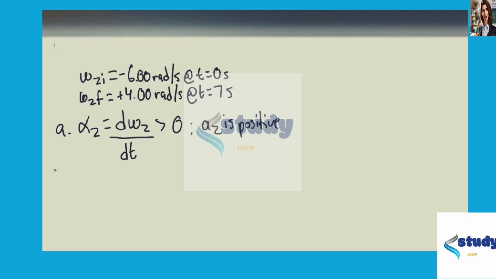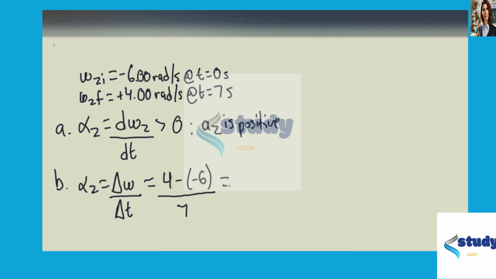And then for B, they're asking us, when does this change direction? So we should find the angular acceleration by taking delta omega over delta t. This is going to be equal to 4 minus -6 all over 7.